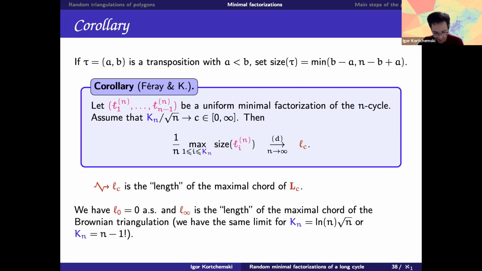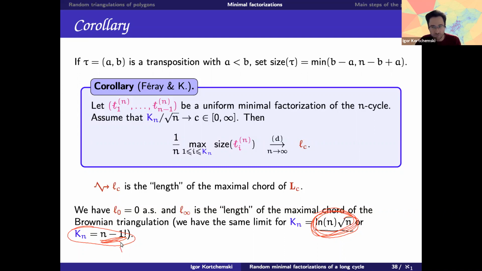And it is quite surprising that the limit is the same for log n square root n or k_n equal n minus 1. It means that if you're interested in the largest transposition you get, you have already seen it if you have read way more than square root n transpositions. But after log n square root n up to time n minus 1, there are still a lot of transpositions you read.